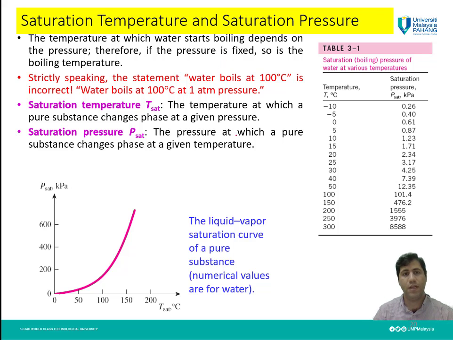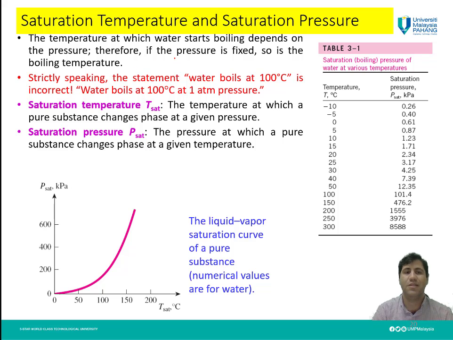Then, according to the definition which we have already about this phase changing, we can define two other properties, which are saturation temperature and saturation pressure. The temperature at which water starts boiling depends on the pressure. Therefore, if the pressure is fixed, so is the boiling temperature.